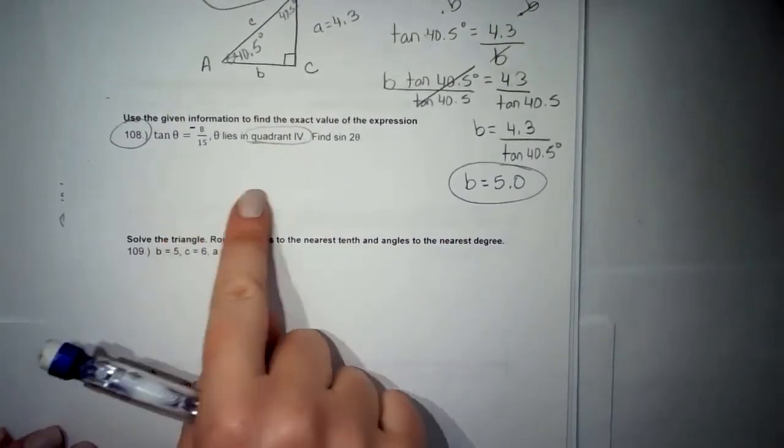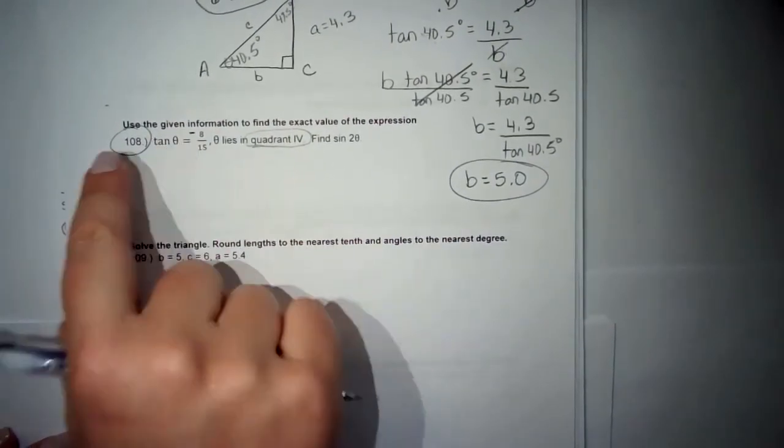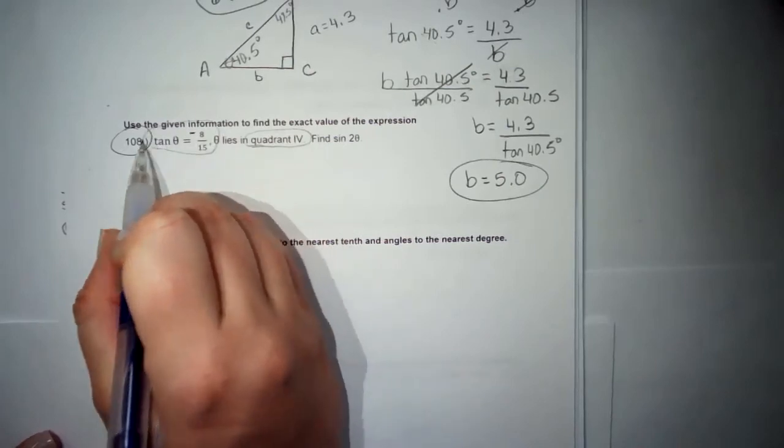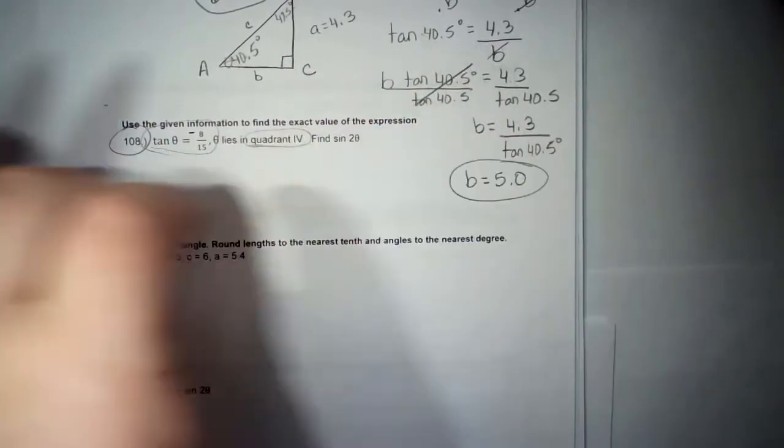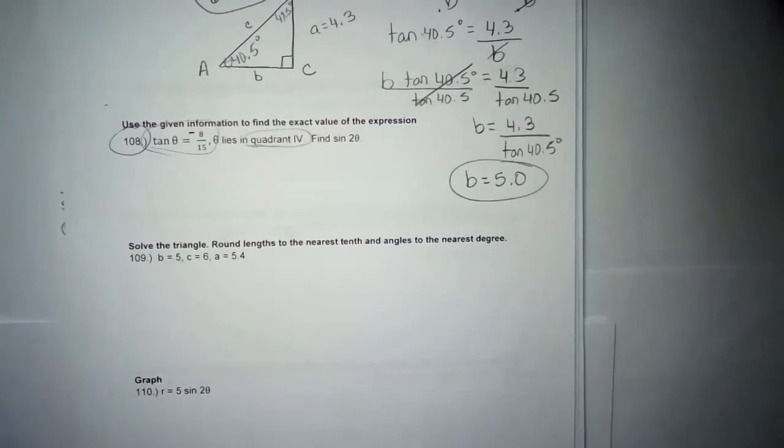This situation, where you start out with tan theta equaling that, is the situation where you're going to use this identity: sine 2 theta equals 2 sine theta cosine theta.